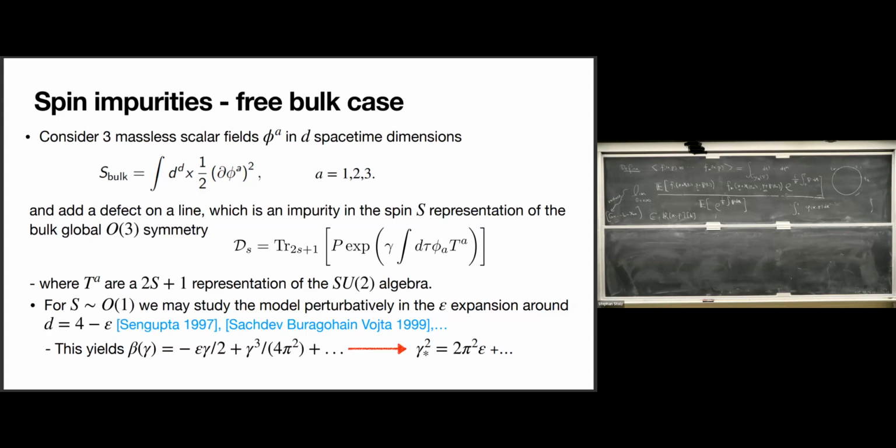And TA are matrices in the 2S+1 representation of the global symmetry. Now, when you're close to 4 dimensions, when D is 4 minus epsilon, and when S, the spin of the impurity, is small, then this model was studied in ordinary perturbation theory, just by Feynman diagrammatics.